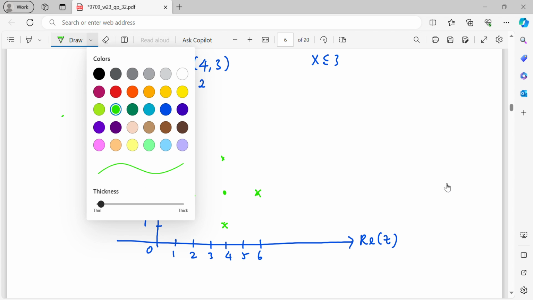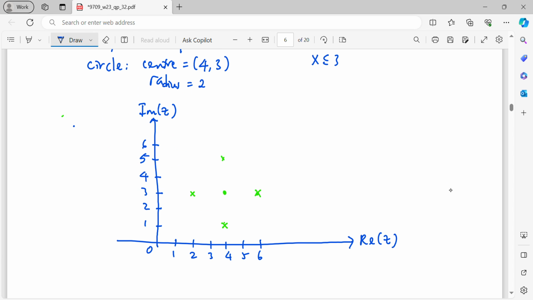So I need to draw a circle. Please draw a smooth circle.